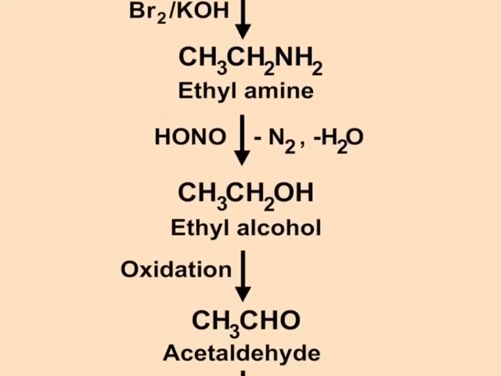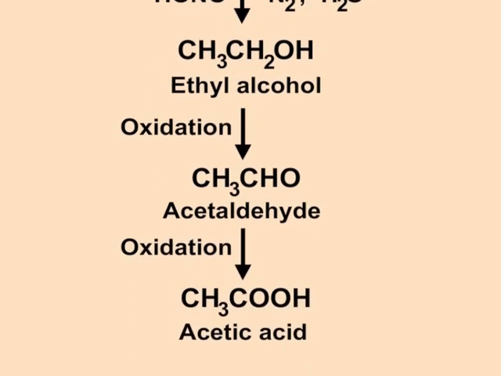The ethylamine formed reacts with nitrous acid so that nitrogen and water are lost and ethyl alcohol is formed. Ethyl alcohol on oxidation forms acetaldehyde, which on further oxidation forms acetic acid.